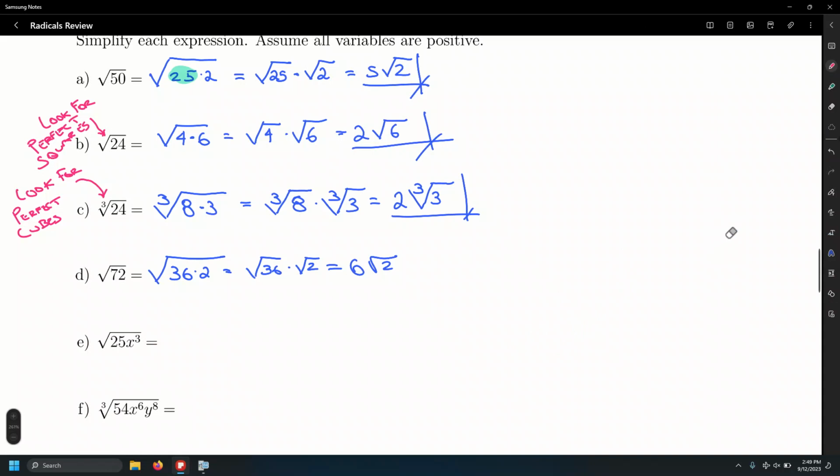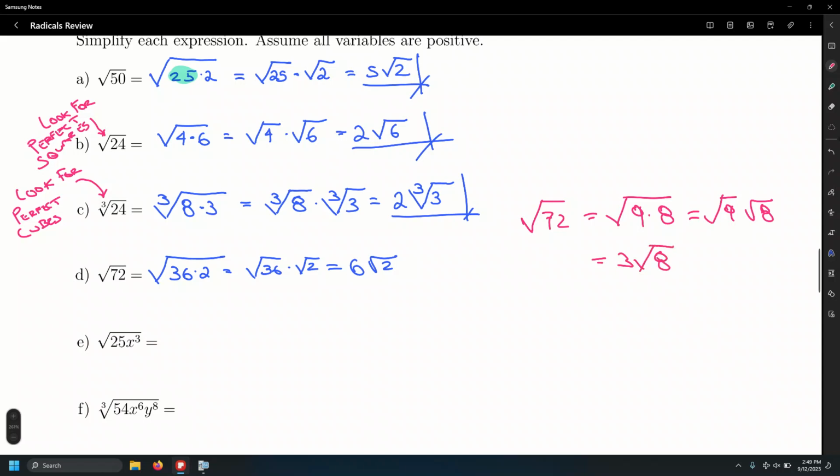Now, the square root of 72 equals the square root of 9 times 8. Write it as a product of two radicals, square root of 9 times square root of 8. Let's factor out the square root of 9, which is 3.